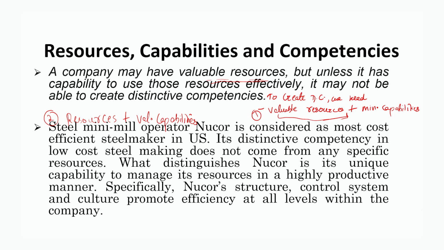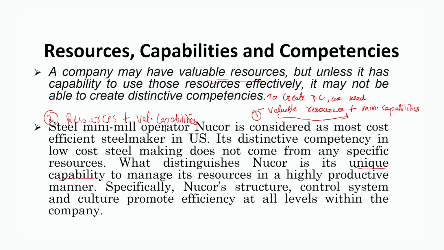For example, steel minimill operator Nucor, which is considered the most cost efficient steel maker in the US. This company was profitable for almost 30 years when other steel companies were filing for bankruptcy. Now, how is it possible that the company has been able to produce steel at the lowest cost?